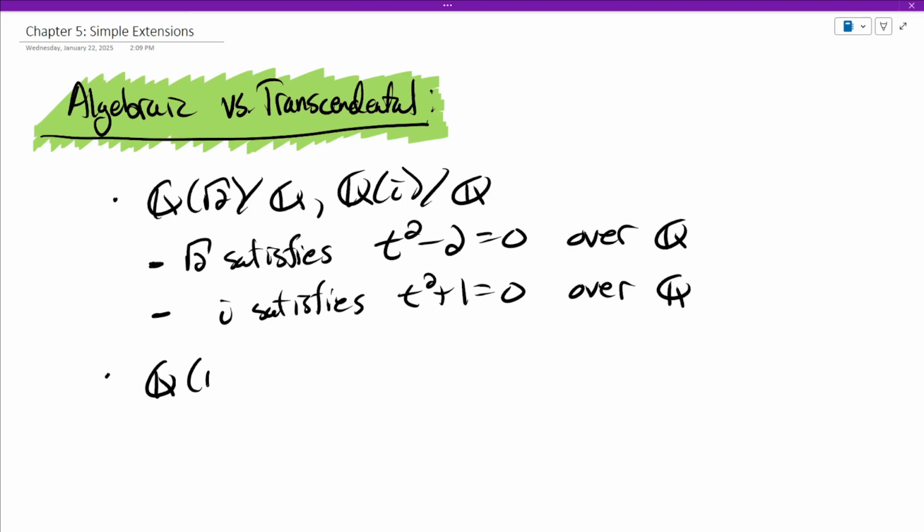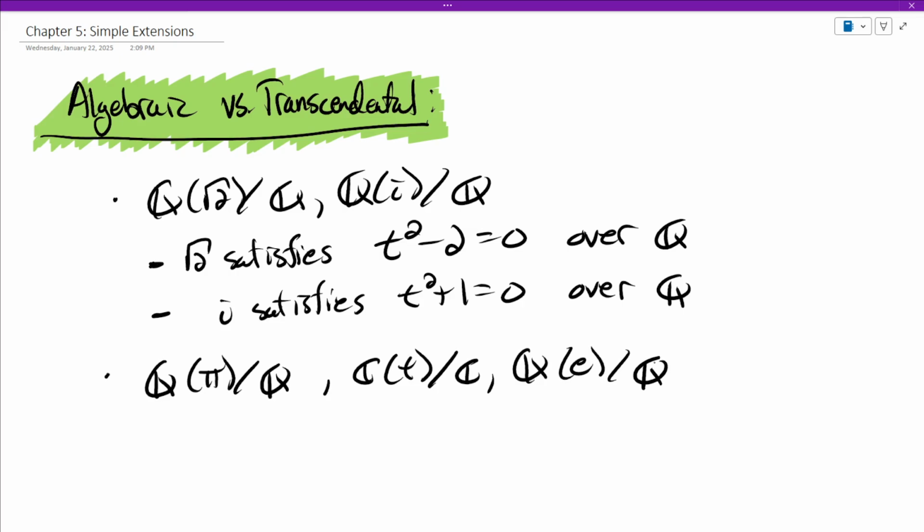There are extensions like Q adjoin pi over Q, or C adjoin t over C, or Q adjoin e over Q. And these are distinctly different in that in each case, pi is a transcendental number, meaning it satisfies no polynomial equations over Q. Similarly, t satisfies certainly no equations over C. Why?